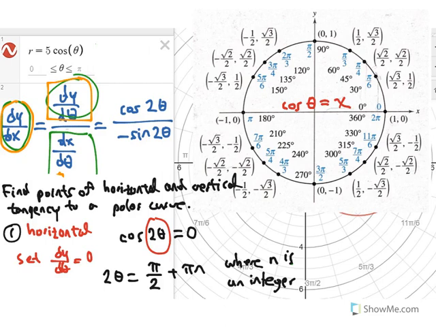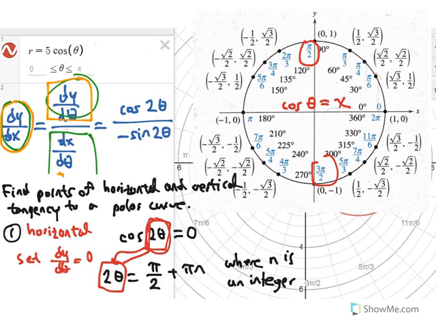So the angles that would make cosine equal to 0 are π/2 and 3π/2. So we can write the angle 2θ, which is the argument in our equation, has to be 2π plus πn, where n is an integer.